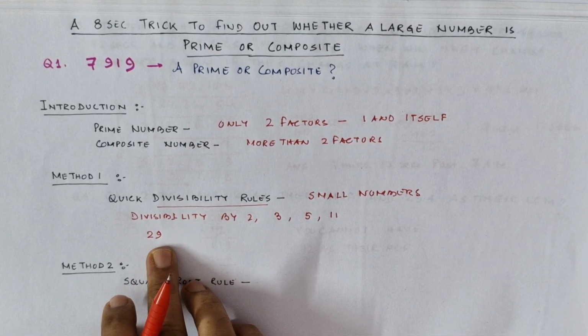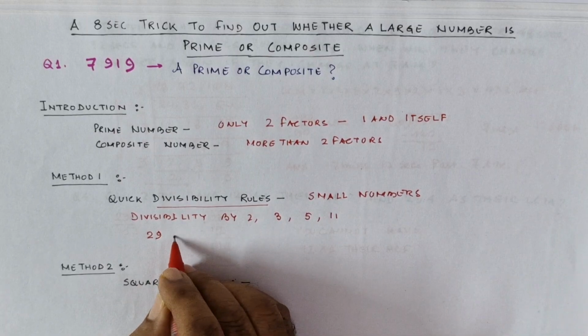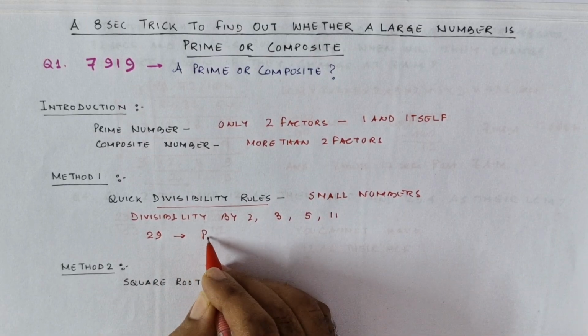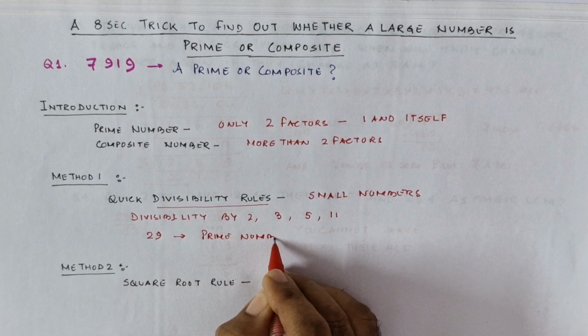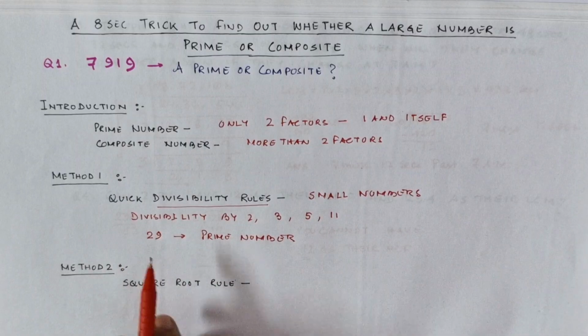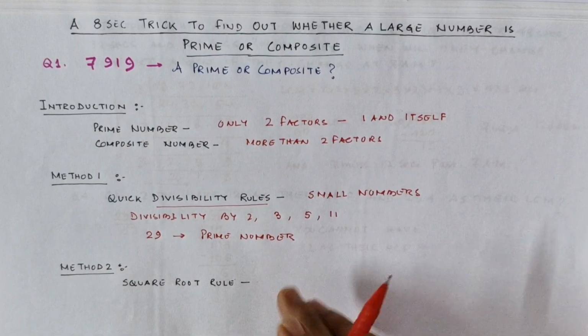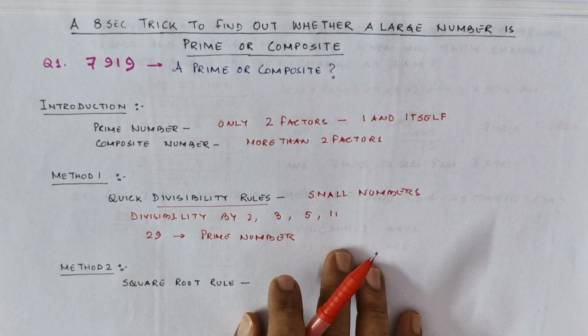It is also not divisible by 7, and not divisible by 11. So we can say this is a prime number. If a number is small, we can quickly say whether it's a prime number or not by quick divisibility rules, as you have learned before.